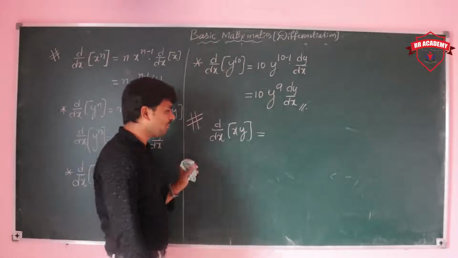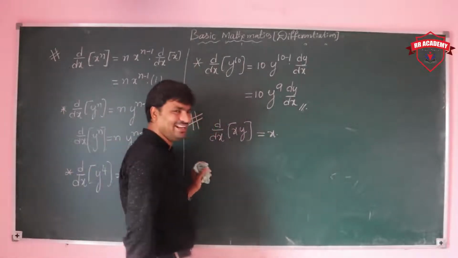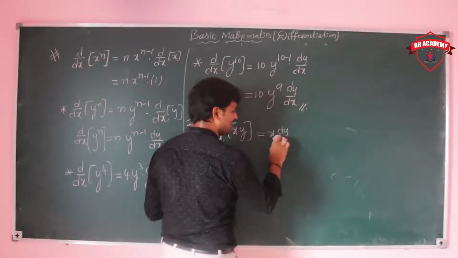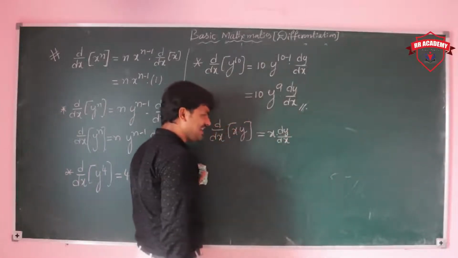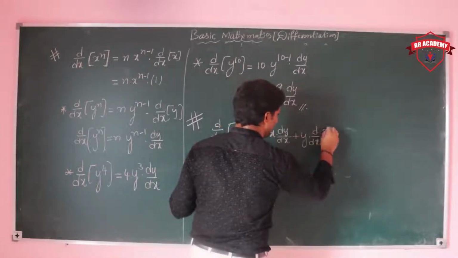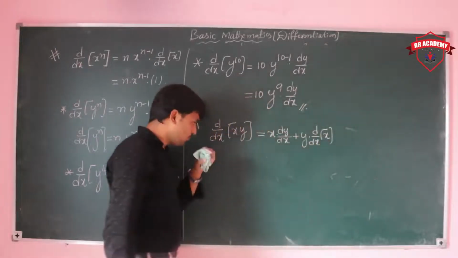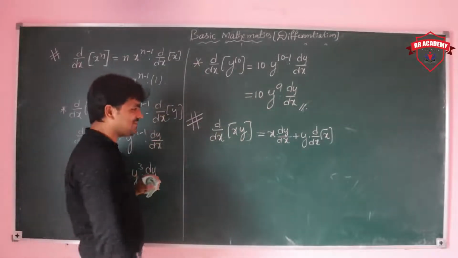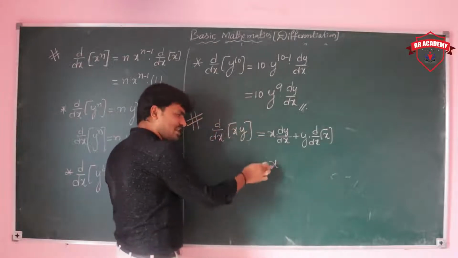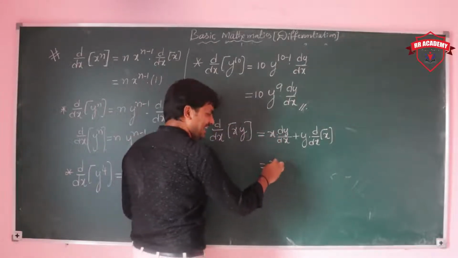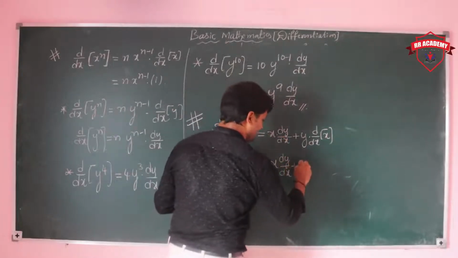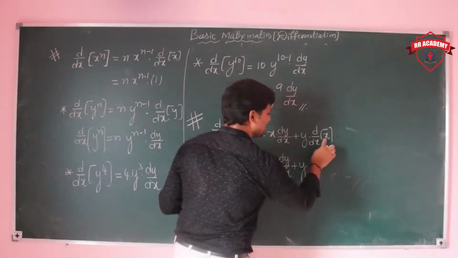Simple. First u into dv by dx, that is x into dy by dx, plus y into d by dx of x.